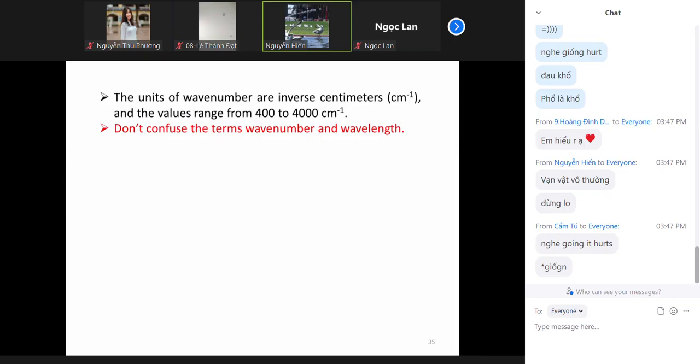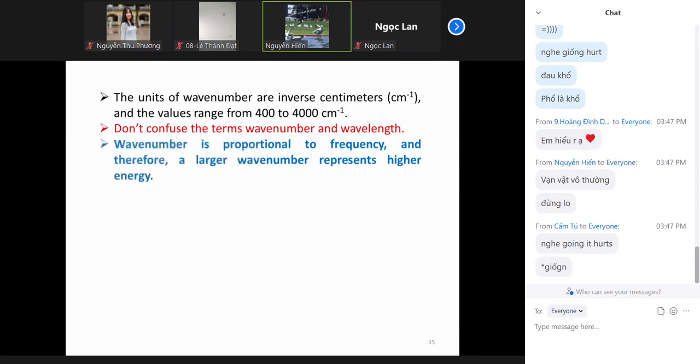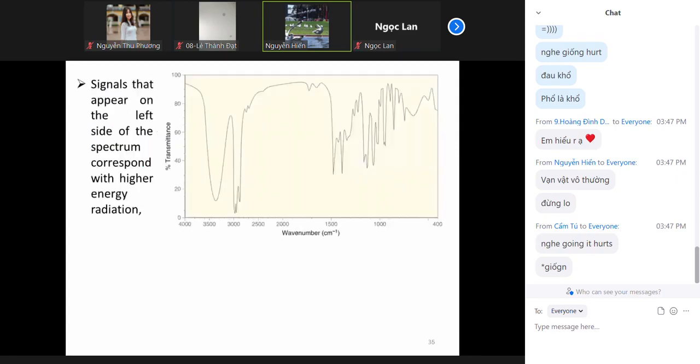Okay, so please don't confuse the terms wave number and wavelength. They are actually the inverse of each other. Wave number is proportional to frequency, and therefore a large wave number represents higher energy. So signals that appear on the left side of the spectrum correspond with high energy levels. This part on the left here. So high energy.